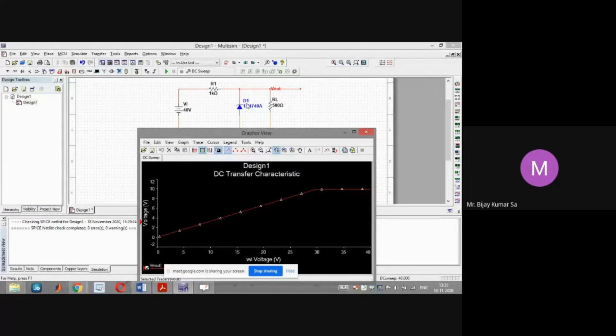And if the current through this diode in the reverse direction exceeds that IZ max value, the heat generated due to that high current will be sufficient to damage this zener diode permanently. It will lose its VI characteristics permanently, so that it is no more available as a zener diode after that.